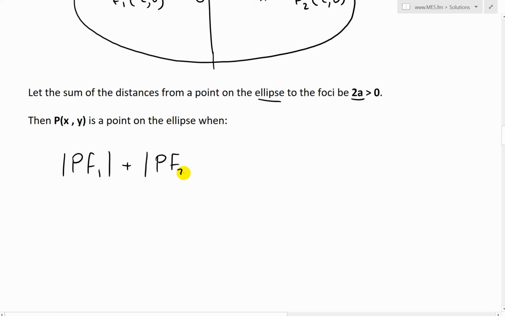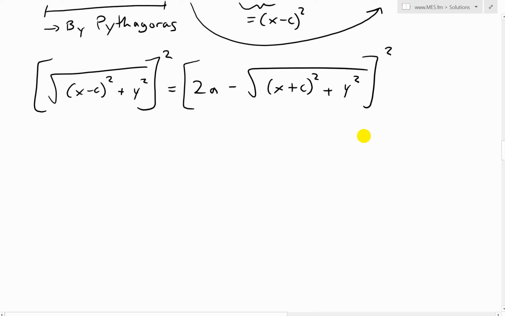So when we square, the square root and the square just cancel, so we're left with x minus c squared plus y squared equals this part. We're going to expand this using the FOIL method, so 2a times 2a is going to be 4a squared, and then minus 2a times this big square root, 2a times the square root of x plus c squared plus y squared.